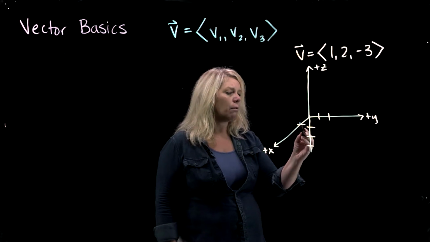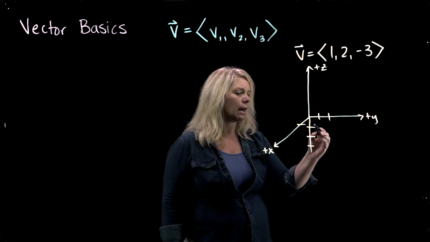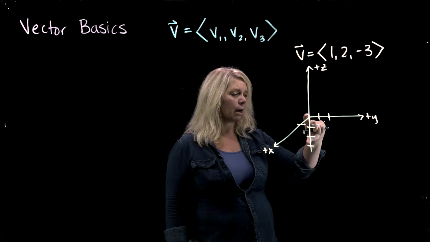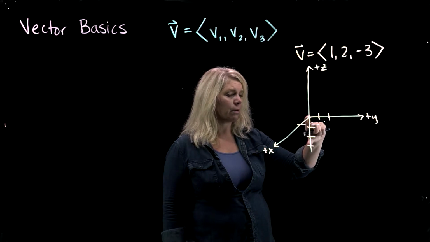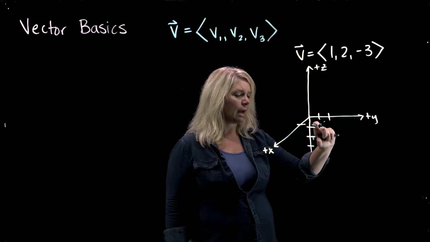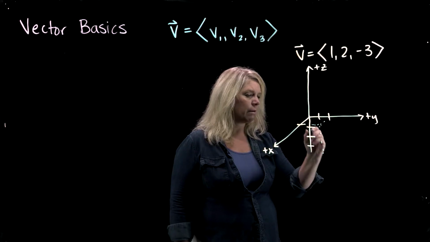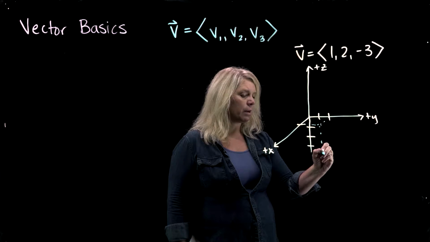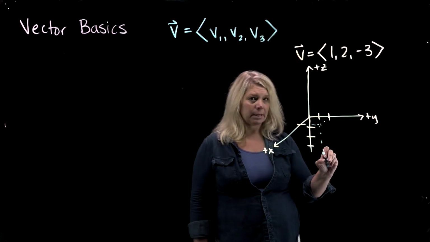So when I come out 1 and over 2, I want to line up where that would be, and then from there, I want to go down 3 units. I'm bringing that down 3 units from where I was when I came out 1 and over 2. I'm going to put a dot there, and that's going to be the terminal point of my vector.